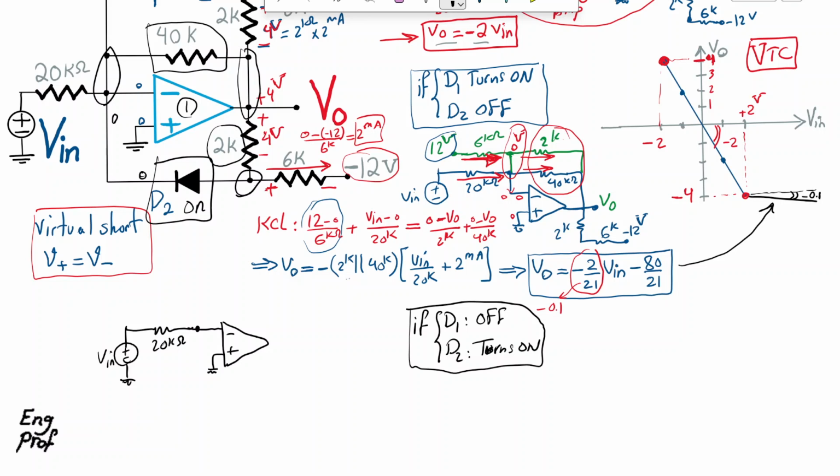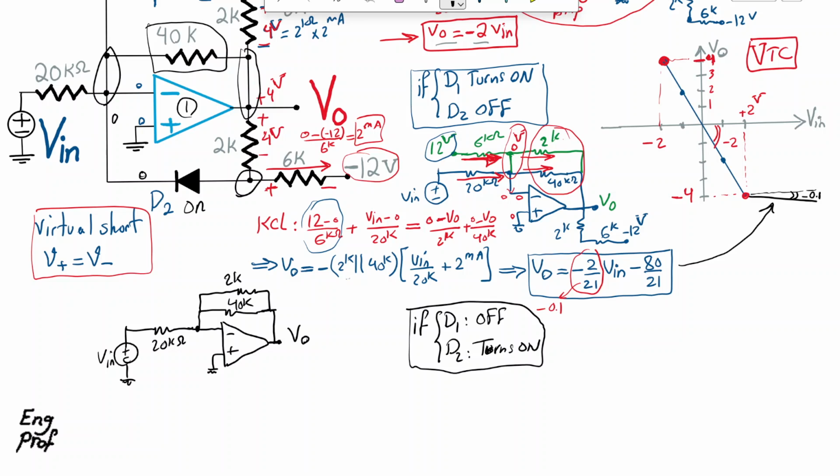So what I have is the usual 40K, but then I have a 2K in parallel with 40K, the 2K that comes from the bottom of the circuit. This goes to V out. Okay, and of course from Vout, what else do we have?